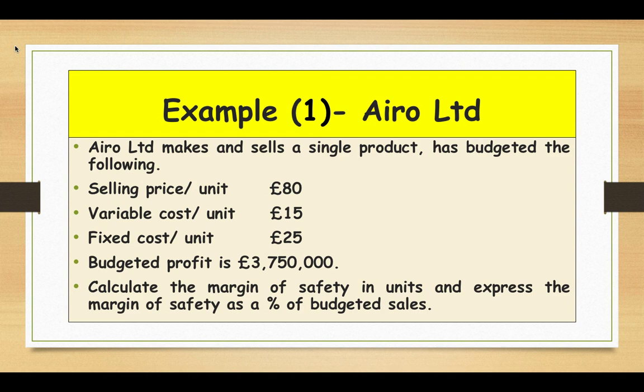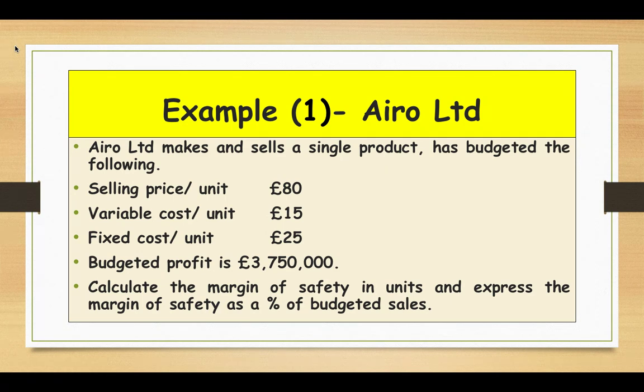So we are going to see some examples. As I always mention, you need to practice as many questions as you can. Here we are going to see some examples only. Example one is Aero Limited. They have given some information.